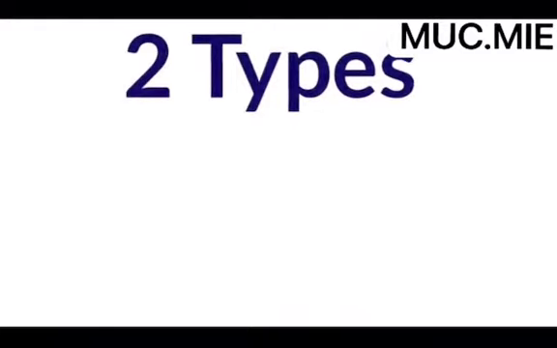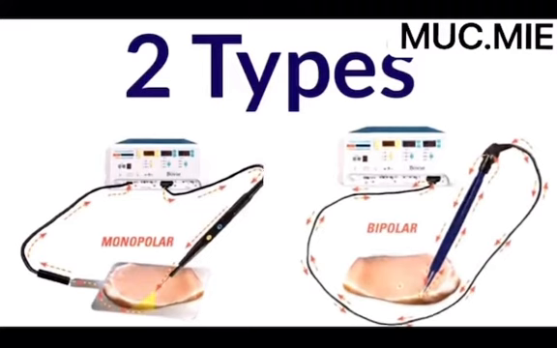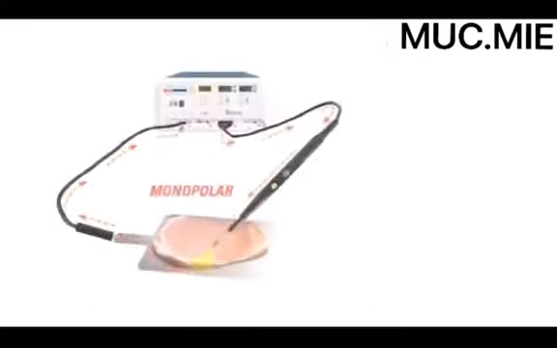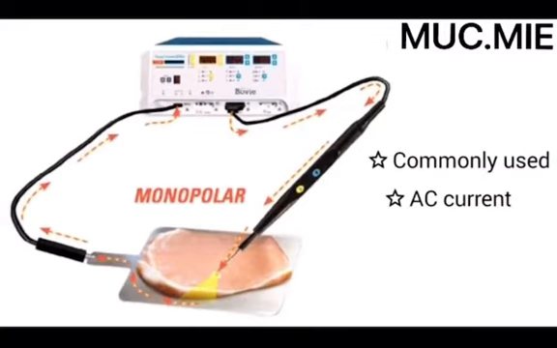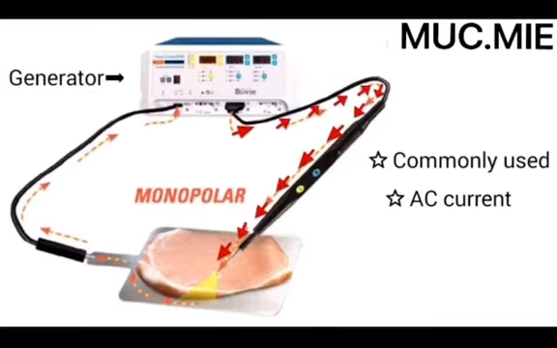The RF or diathermy has two types: monopolar and bipolar. Let's talk about the monopolar. The monopolar electrosurgical unit is commonly used and it has AC current. There is a generator which conducts the electrical current through the active electrode, through the patient, and to the plate.